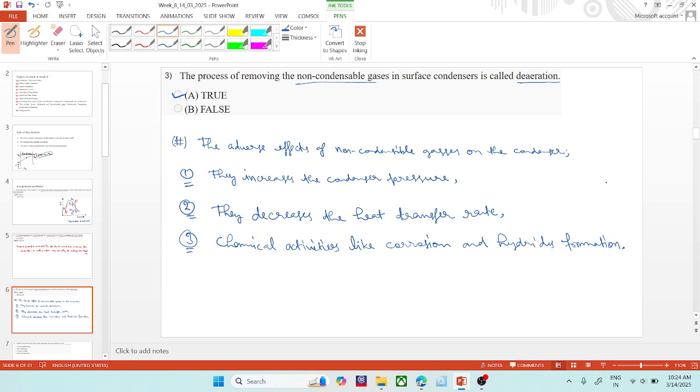So these three are the adverse effects of non-removal of the non-condensable gases. To avoid these three things, we have to remove the non-condensable gases from the condenser, and the process is called deaeration.